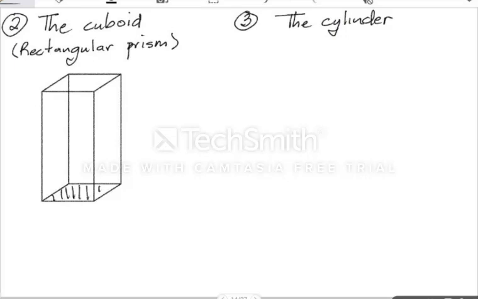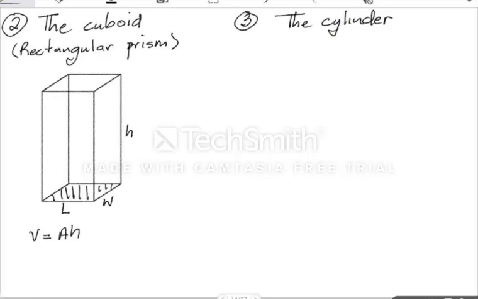So this is the rectangular cross section. This is length, this is width, and this is the height. Now, the volume of all solid shapes with a uniform cross section is given by this formula: V is equal to A times H, where A is the area of the uniform cross section and H is the height.